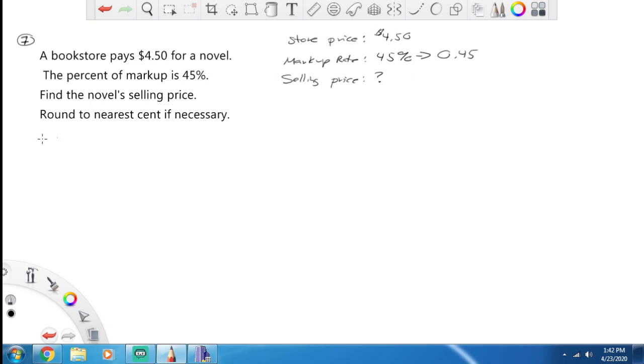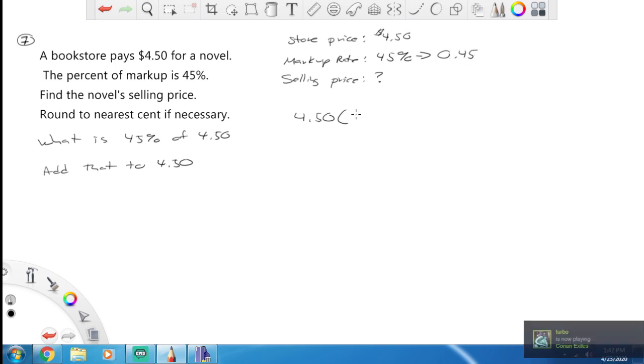Selling price is unknown. So this is the information that's given to you. And again, all that you're doing is translating this as, I want to know what is 45% of 450. And then once I get that answer, I want to add that to 450. So here, what is 45% of 450? And again, the word of means multiplication. So you're going to do 450 times your percent. However, you got to use it as your decimal.